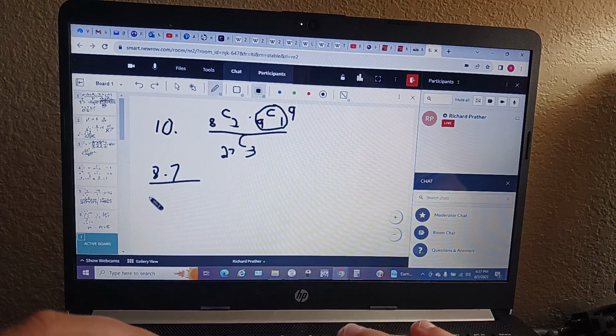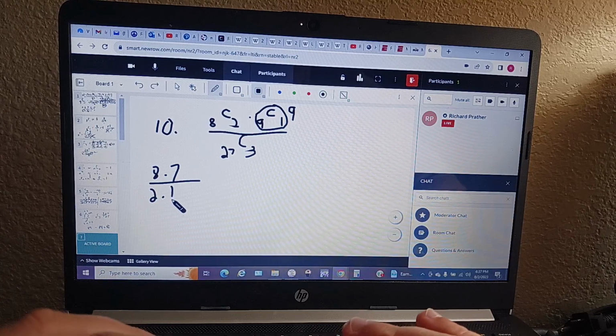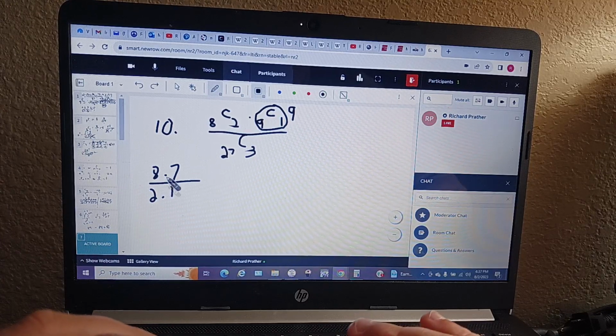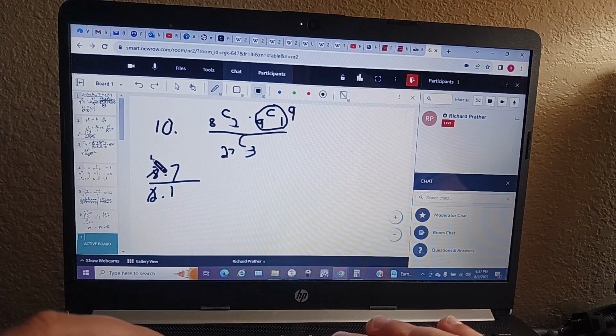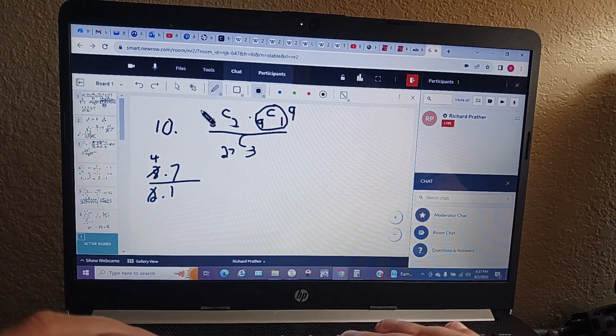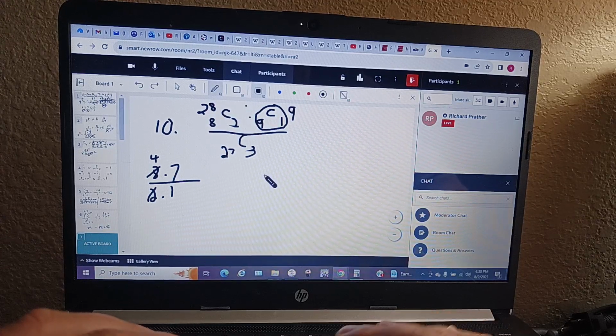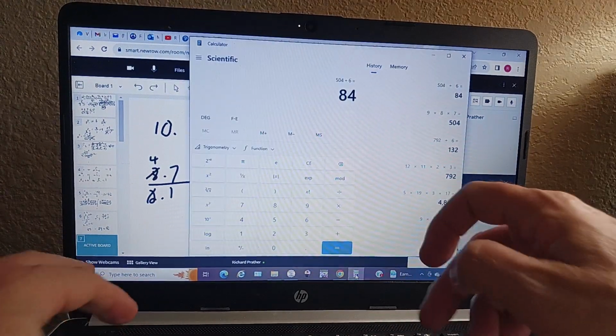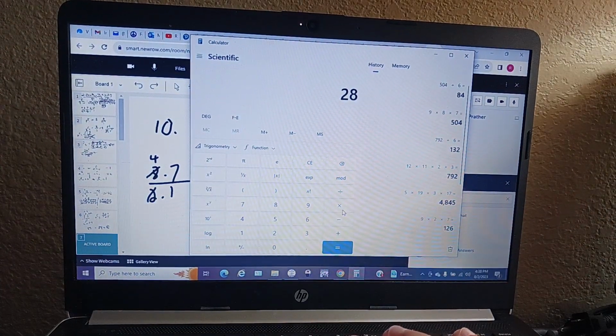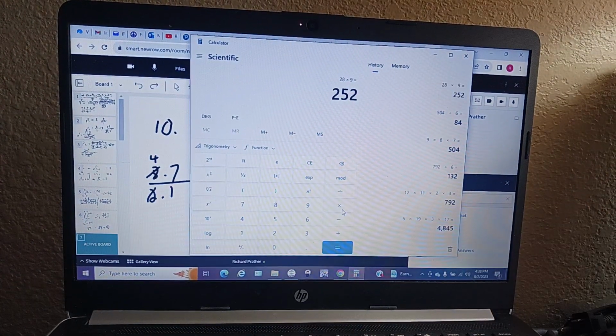And then you'd also divide by 2 and 1. And you could either say 56 divided by 2, or you could have 2 divide into 8 4 times. 4 times 7 is 28. So the top is 28 times 9, 252.